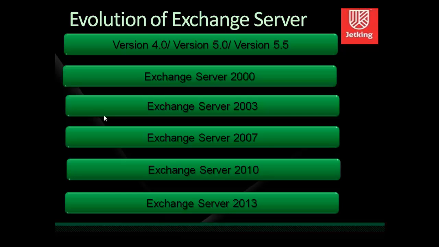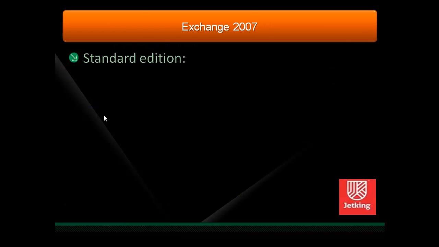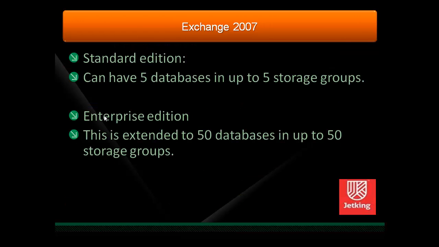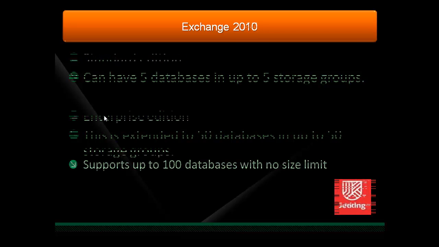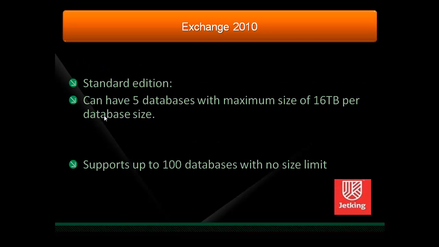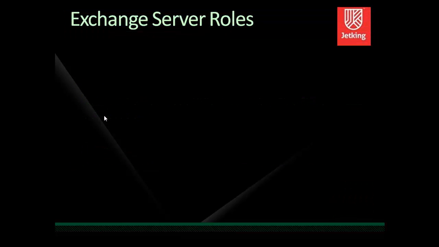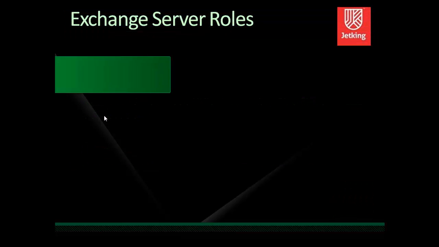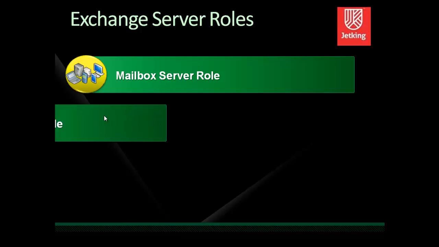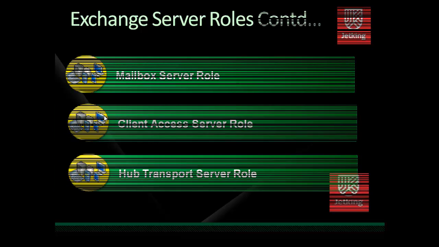Coming to the editions of Exchange Server 2010, we have the standard edition and the enterprise edition, wherein the standard edition can hold up to 5 mailbox databases and one public folder database. Enterprise edition can hold up to 100 mailbox databases followed by one public folder database.